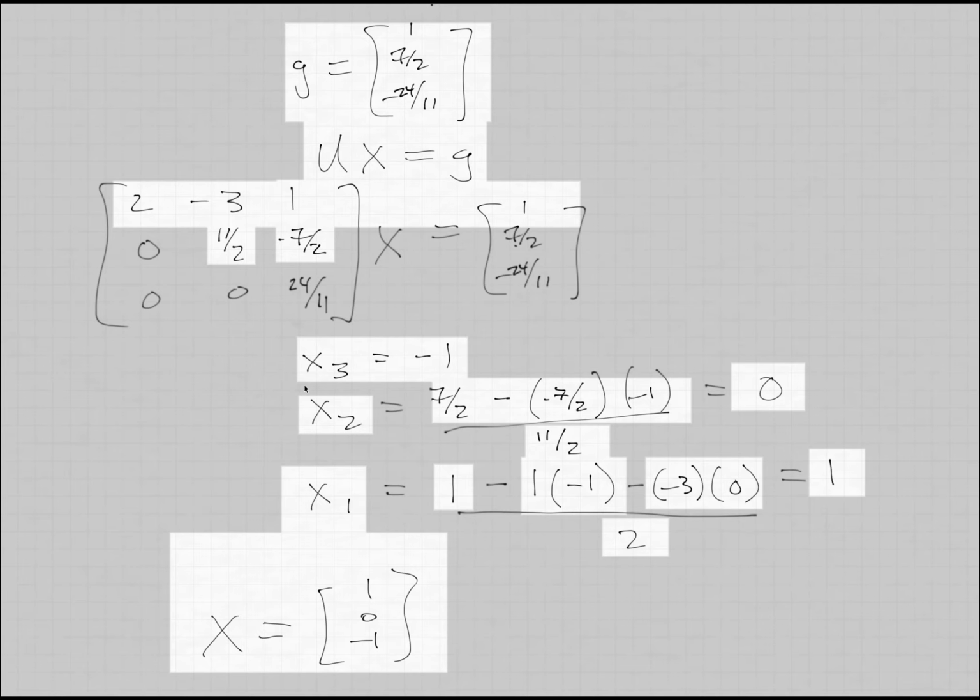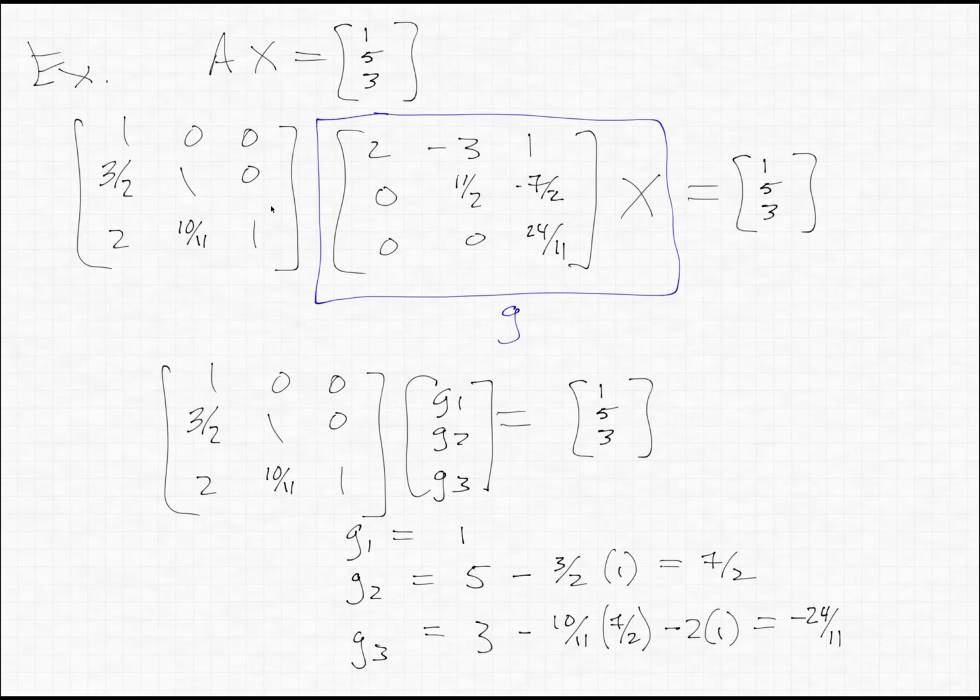Okay, so we solved for X, and that was not difficult to do at all. It was a very straightforward process of solving for one variable at a time, plugging it back in to solve for the next variable. This was just marginally harder than the previous stage. In the previous stage, we didn't have to divide by anything because the coefficients on the diagonal were all 1, so that was actually slightly easier.